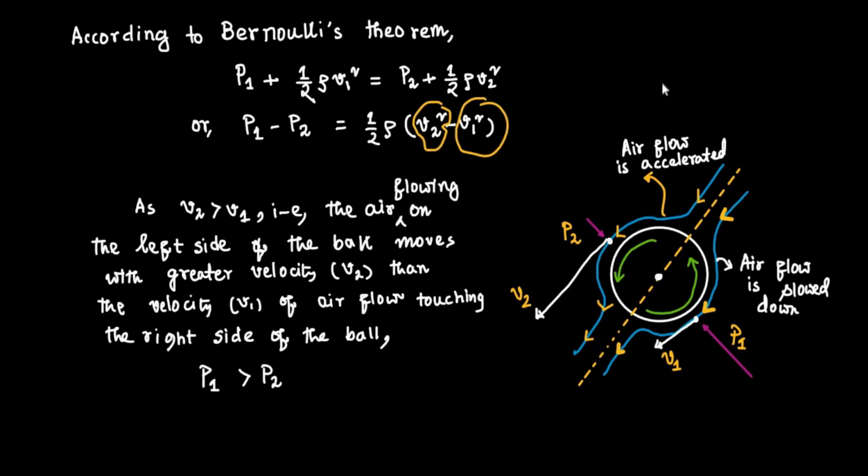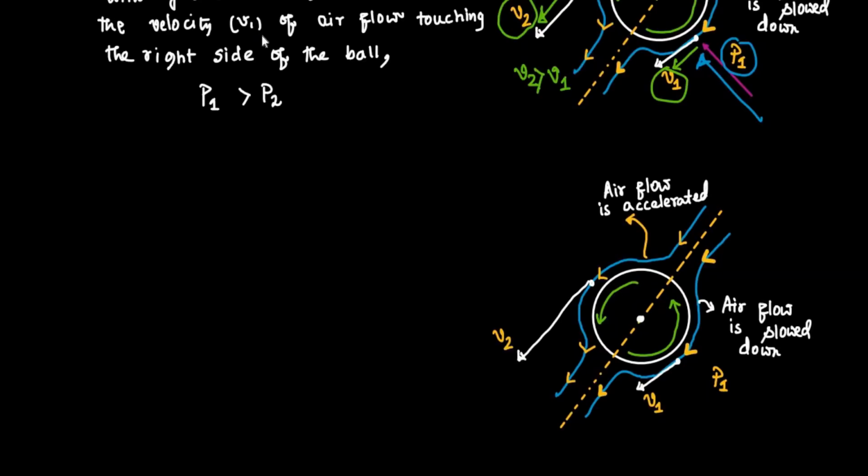So here v2 is greater than v1. That means v2 square is greater than v1 square. That's why P1 will be greater than P2.